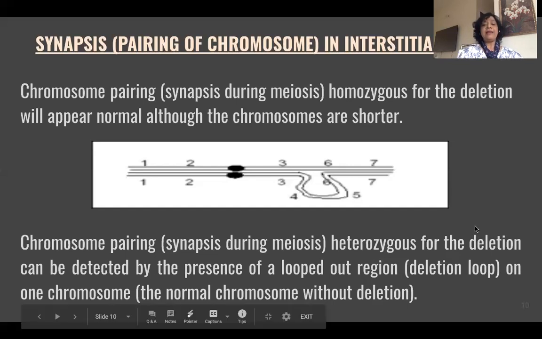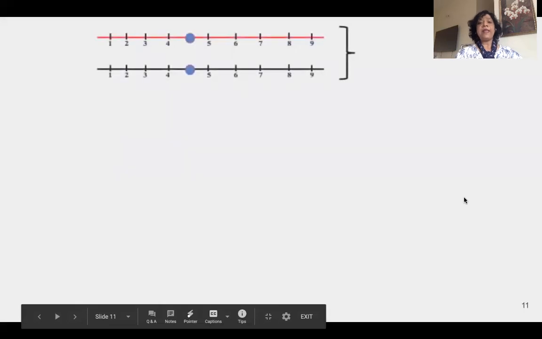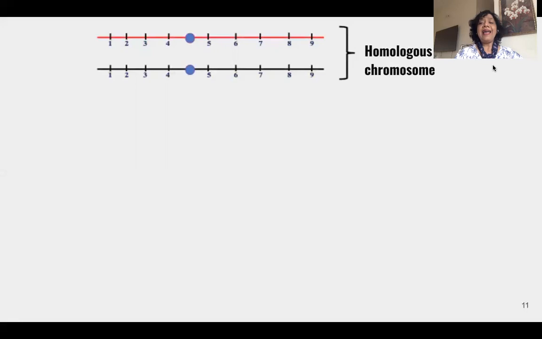Okay, now let me go forward and come here. I take it for granted that you know what a homologous chromosome is, but still I'd like to show it to you. Just look at the line diagram in front of you. I have drawn two lines of different colors, and you can see that they are carrying the same genes 1, 2, 3, 4.